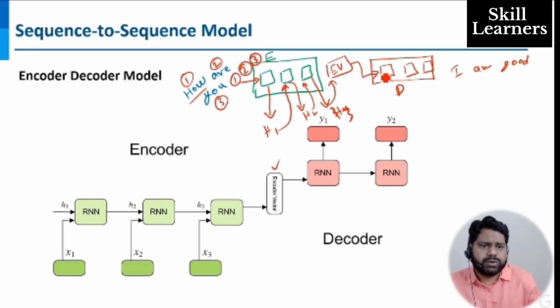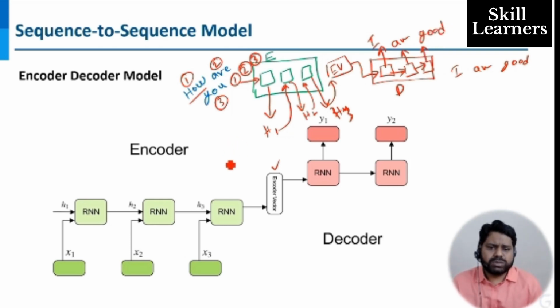The moment it goes here, it will generate "I", then this will go to the next context and generate "am", then the next context and it will generate "good". If we see closely in this diagram, in the second box, the decoder, we have the outputs and the next hidden state.